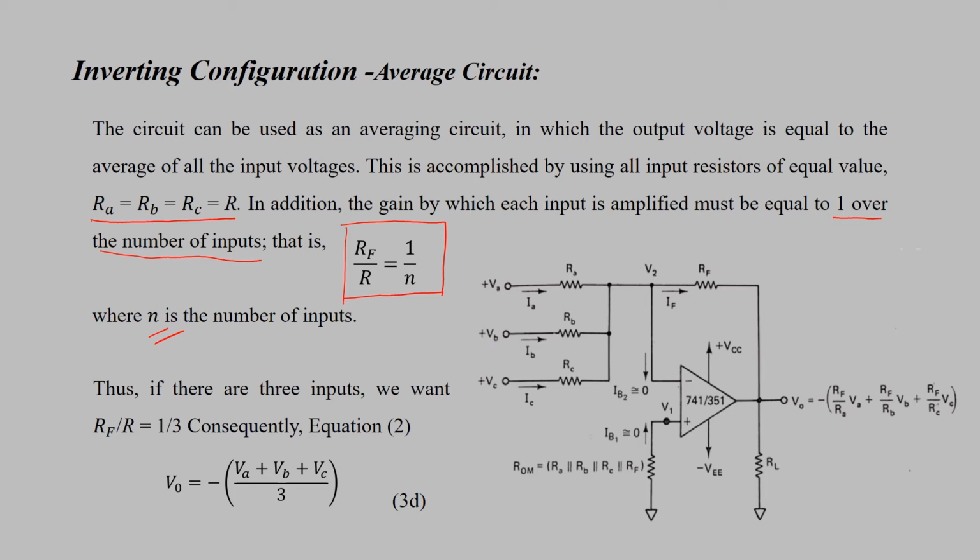Now in this case there are 3 inputs, so we want RF by R equal to 1 by 3. So VO should become minus of VA plus VB plus VC by 3. So this becomes an averaging amplifier.